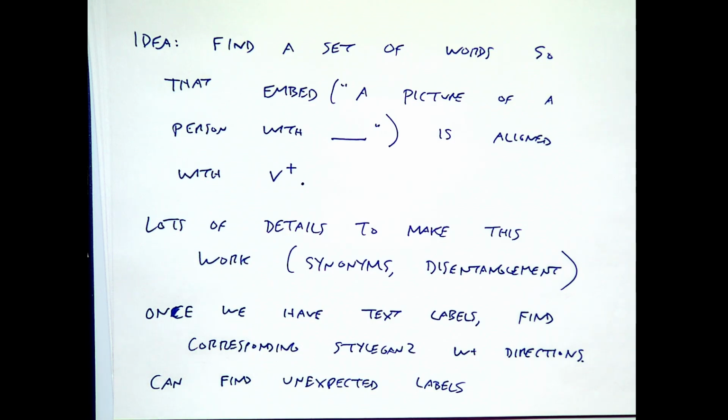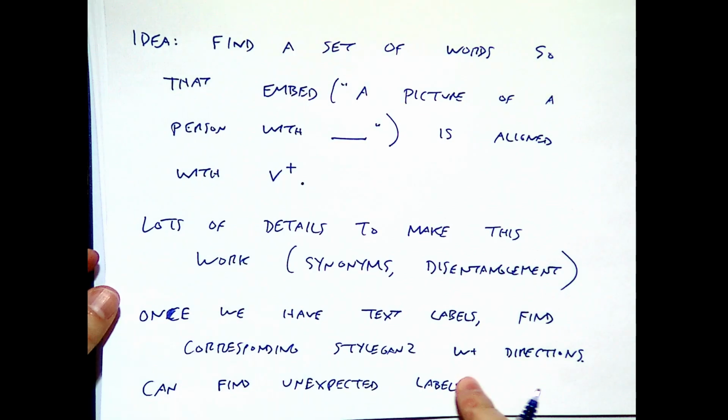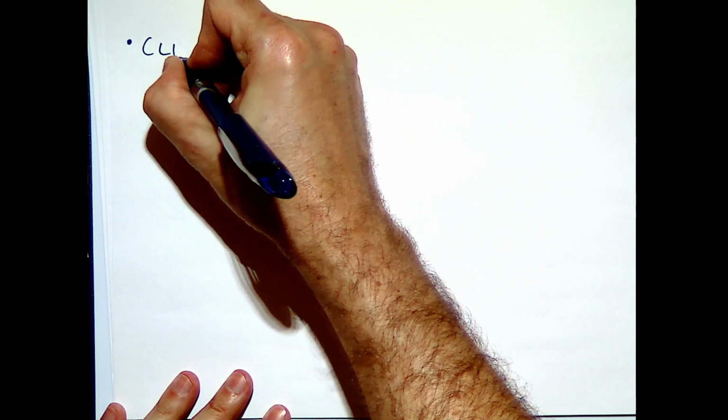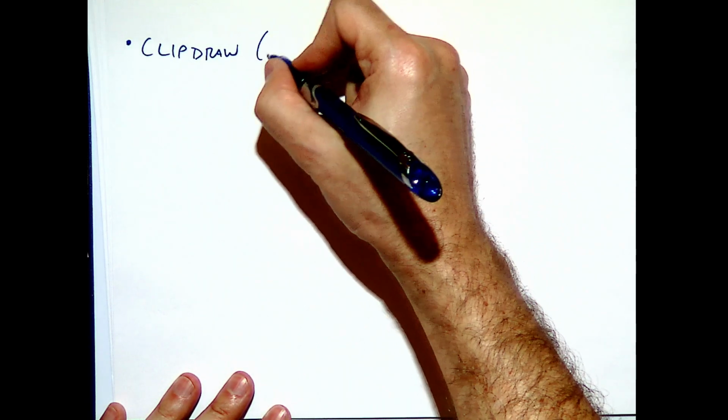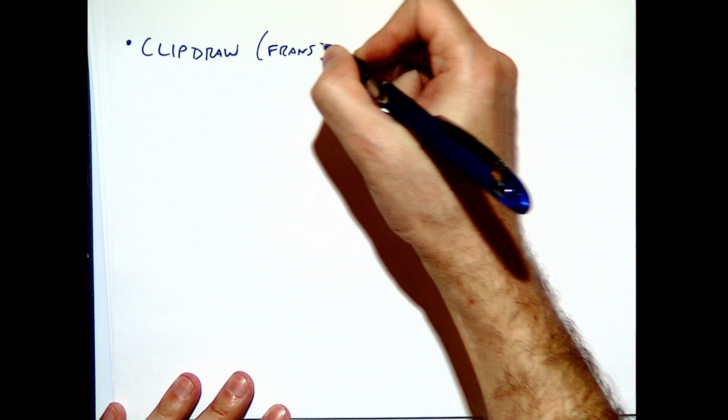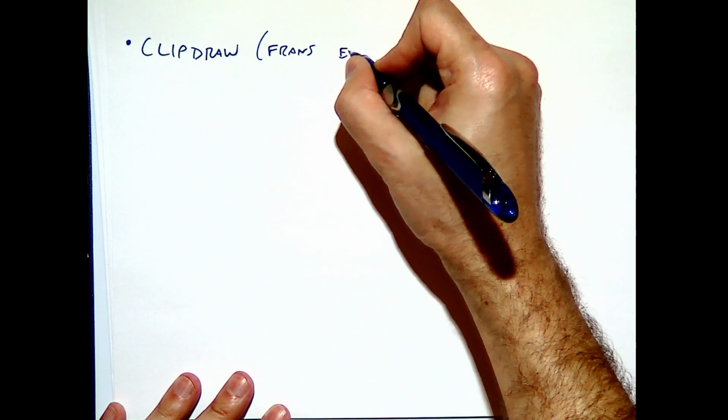And then there are a few other CLIP-enabled things that came out. One neat idea, which I've debated saving until another lecture, is something called CLIPDraw, which was again last year in NeurIPS.